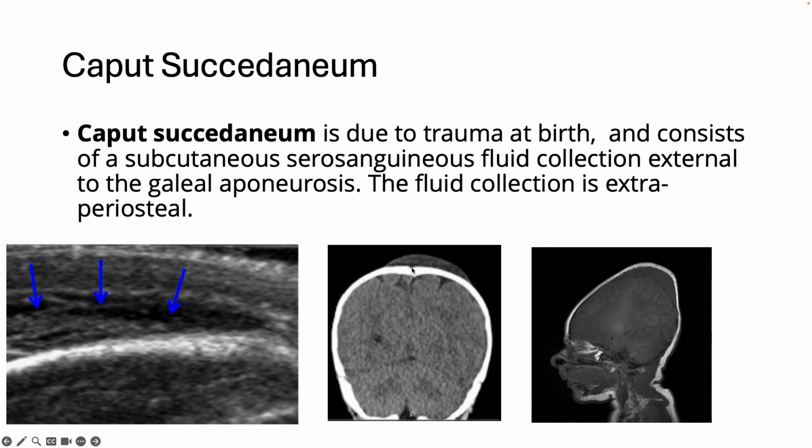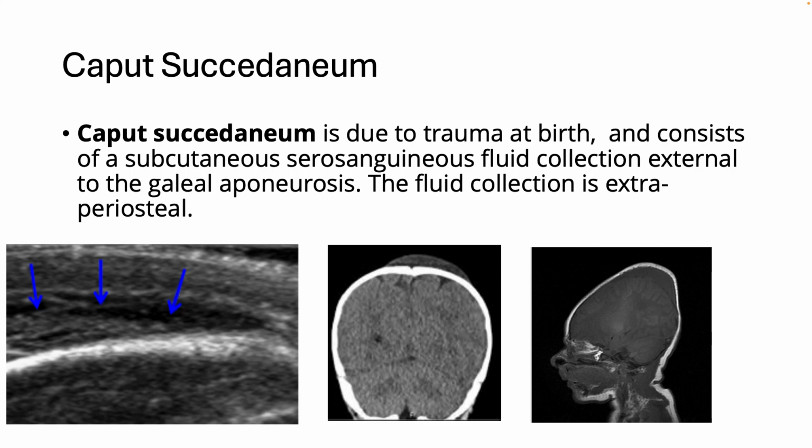Here again, we can clearly see that this collection is also crossing the suture, but it is above the periosteum and the galea aponeurotica.